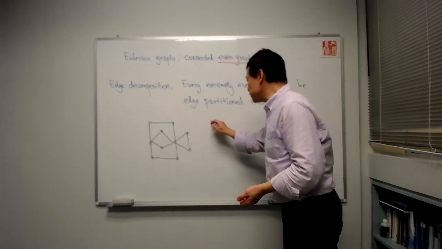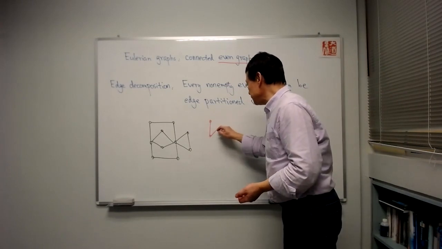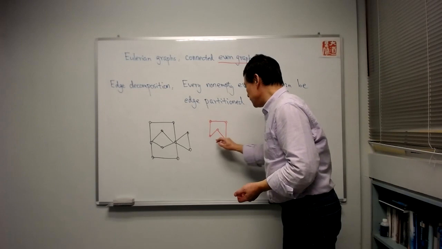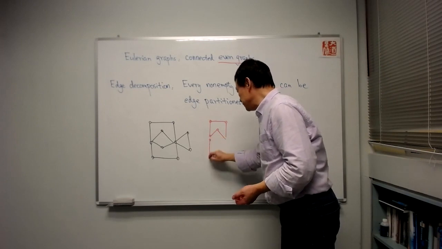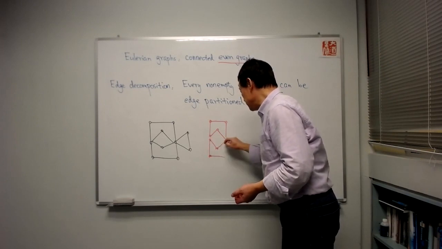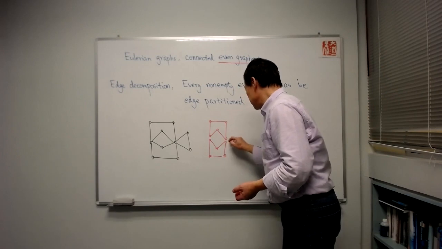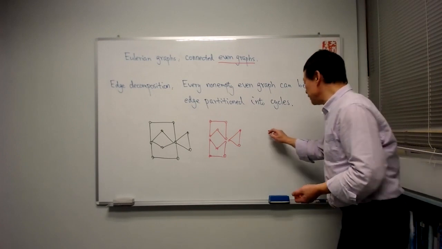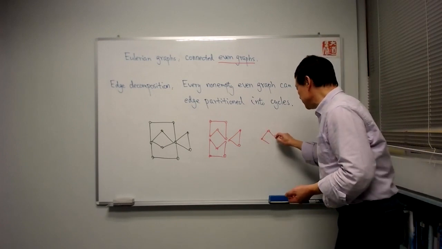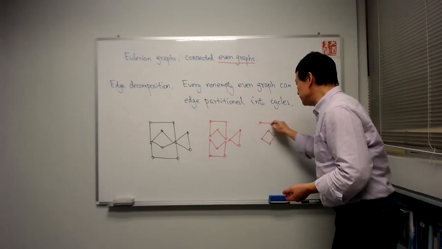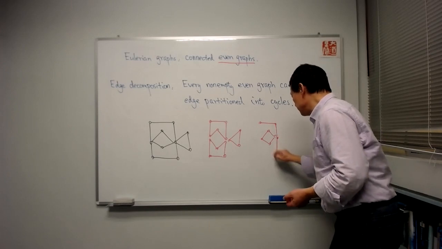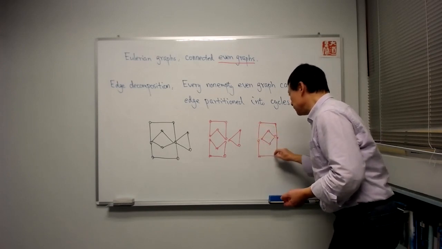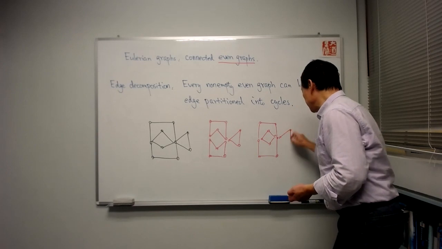There are 2 different ways. One is this one, another 5 cycle, this one. That's one way. Another way is a 4 cycle inside and a 6 cycle here and 3 cycles here.